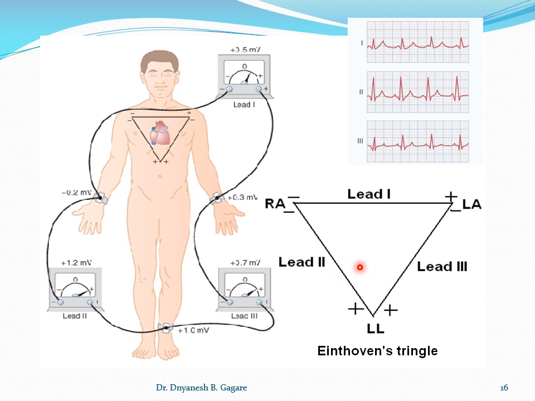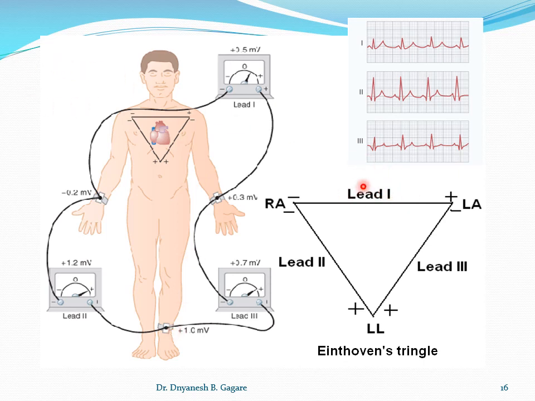Students, in this diagram, Einthoven considered 3 points, the right shoulder, left shoulder and the inguinal canal, and practically these points are shifted to the right arm, left arm and left leg. Remember this.